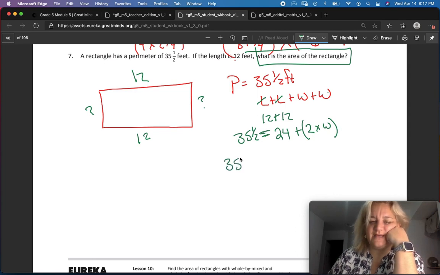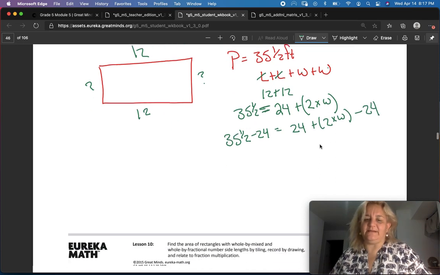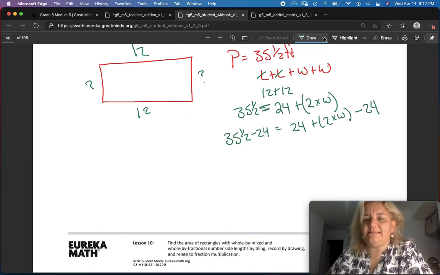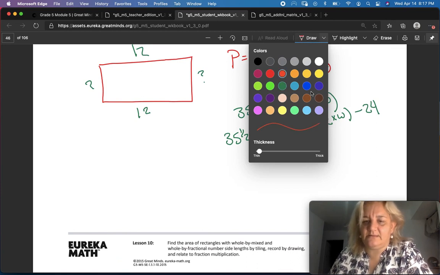So 35.5 minus 24 equals 24 plus 2 times W minus 24, okay? So what happens here? On this side, I'm going to switch colors again.